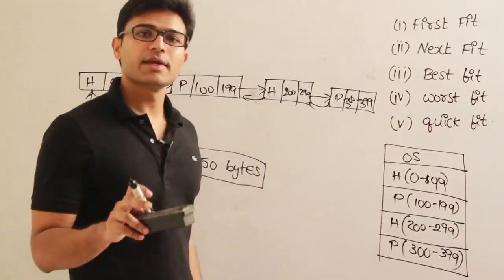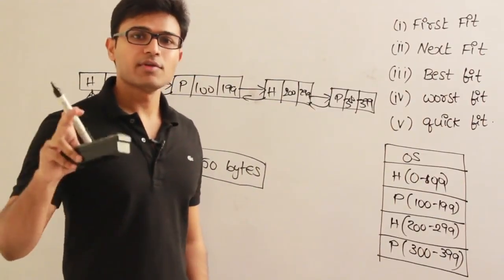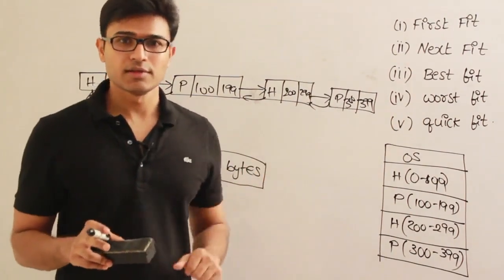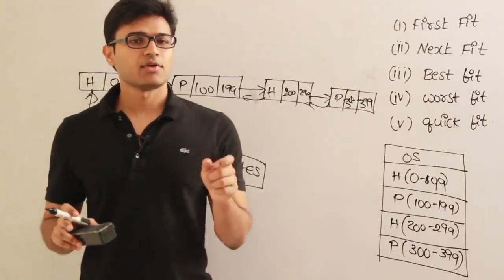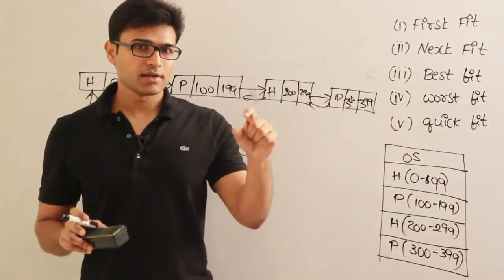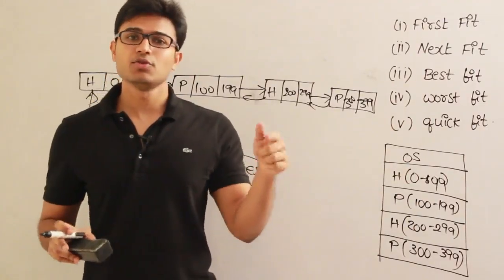Then what are the implications here? Whenever you give a hole to a process, you have to break the hole into two parts: how much is occupied and how much is free. That is the beauty of this dynamic allocation, remember. In fixed allocation, whenever you allocate a process to a block, you cannot allocate the remaining space to another one, right? But here whatever is remaining will form a new hole, right?